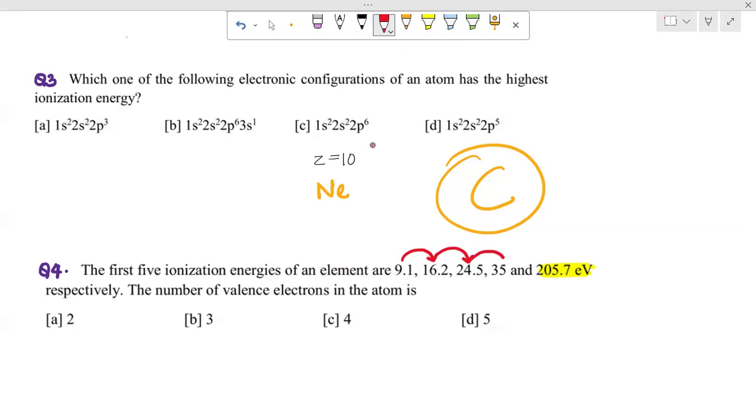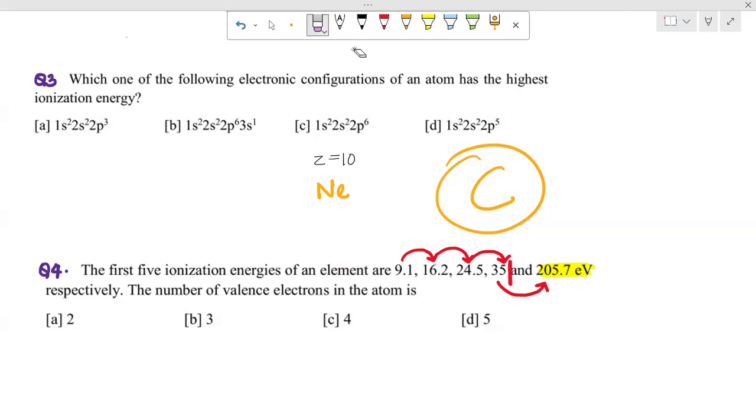From 24 to 35, again very small, around 10.5. Now from 35 to 205, the jump is very huge, meaning a lot of energy has to be spent to remove an electron after this.